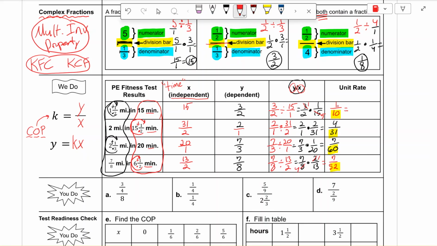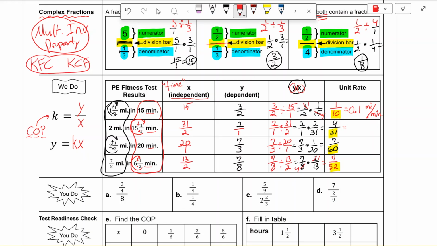So when you do this one, 1 divided by 10 is 1/10. And that's going to be miles per 1 minute. That's our unit rate. 1/10 of a mile in 1 minute. This next one with our calculators is going to be 4 divided by 31.